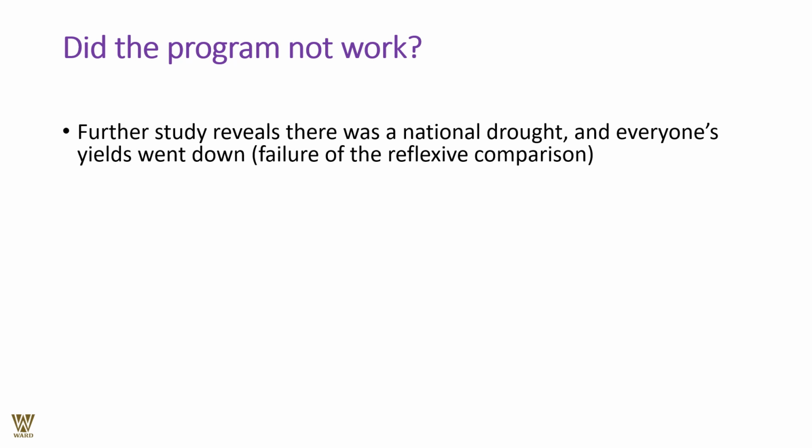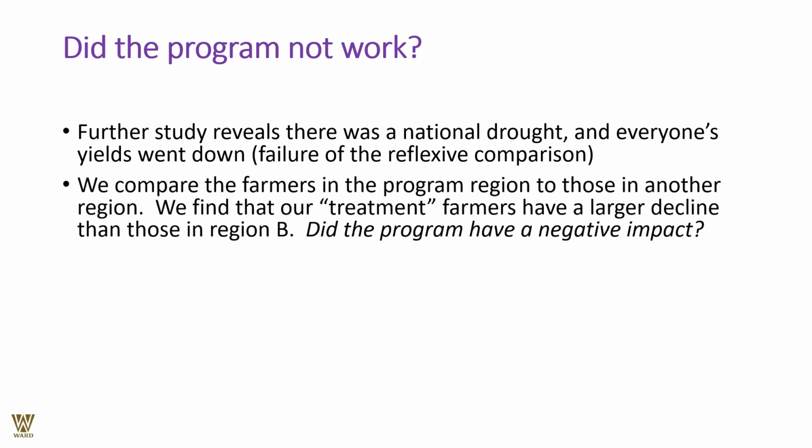In fact, it went down. But why should you take it with a pinch of salt? Because if you look further, you will see that probably there was a national drought. Probably that was the reason why the yield fell. So in hindsight, was this a fair impact assessment or impact evaluation?